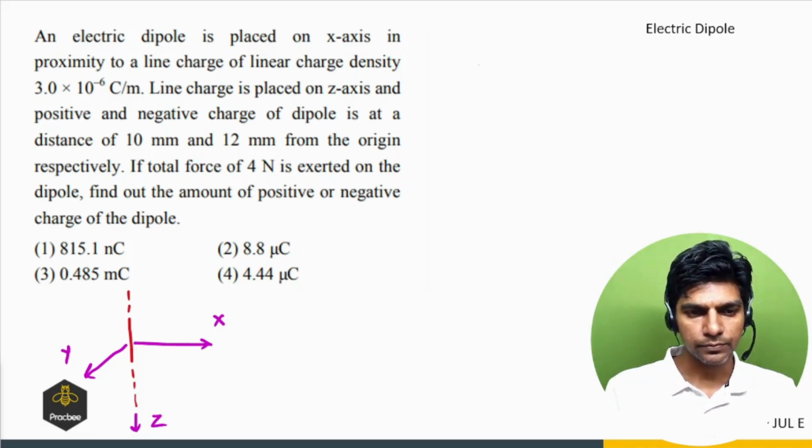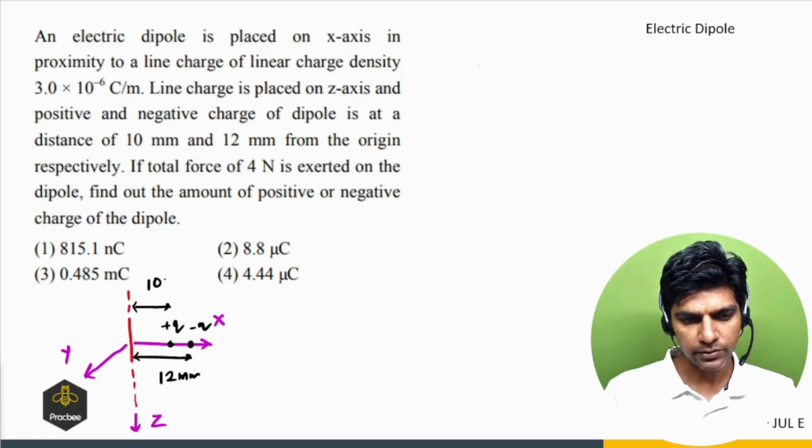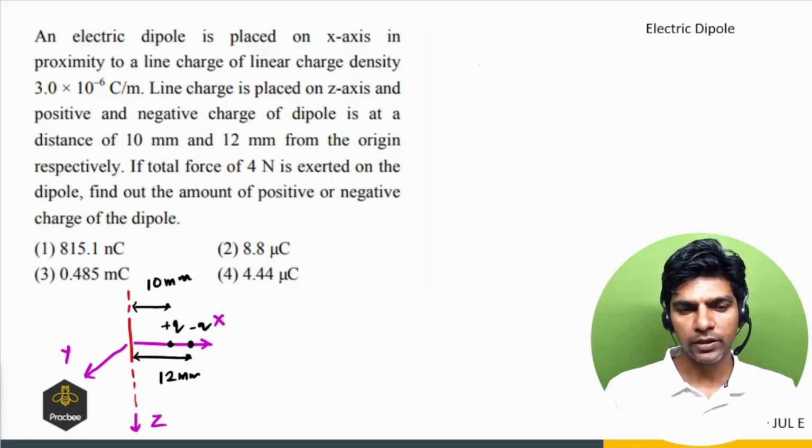And a dipole is placed such that the positive charge is at a distance. So this is plus Q and this is minus Q. So minus Q is at a distance of 12 millimeters and plus Q is at a distance of 10 millimeters. The force experienced by the dipole is 4 Newton. Find out the amount of positive or negative charge on the dipole.